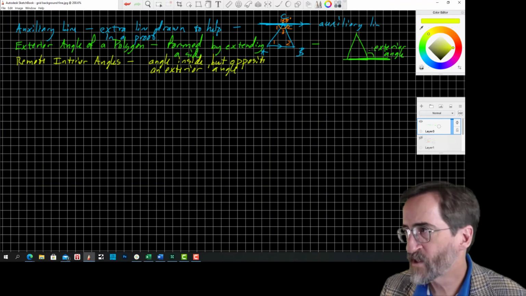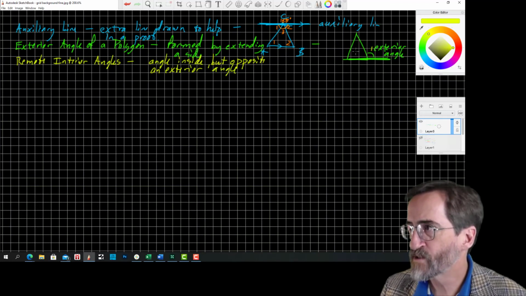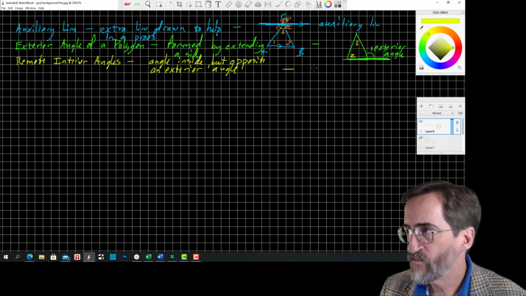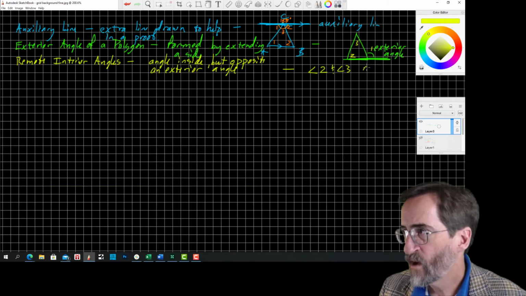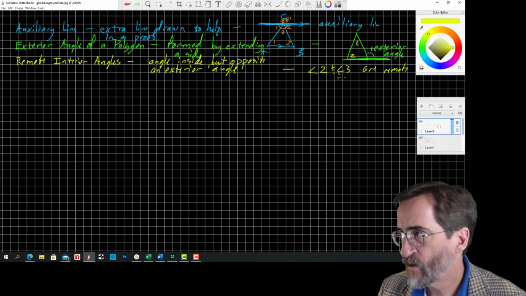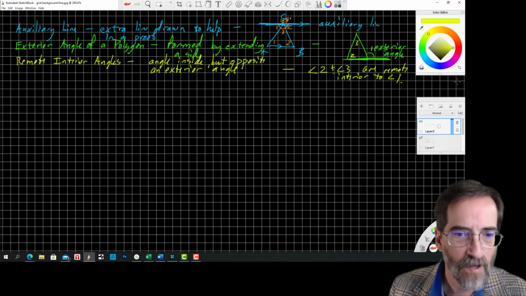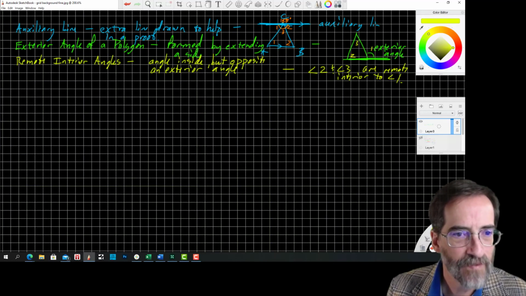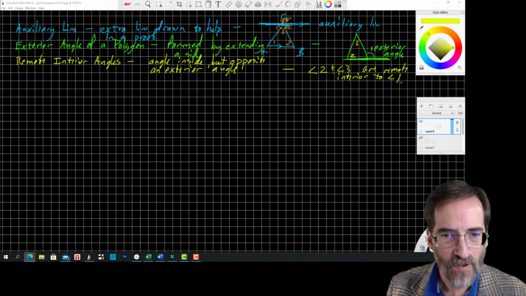In this case, if angle 1 is the exterior angle, angles 2 and 3 are the remote interior angles. Remote interior to angle 1. Okay, remote interior angles. Okay, so let's go on.